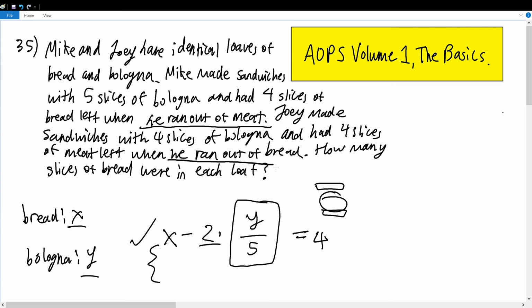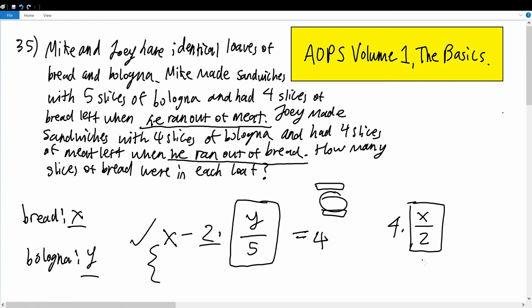Notice, he used up all his bread, so there are none left over, meaning that x divided by 2 must give a remainder of 0 because there's no bread left as given with the criteria of the question. And he said that he had 4 slices of meat left. So how much meat is being used for every 2 pieces of bread? Well, he's using 4 slices of meat per 2 slices of bread, represented by x divided by 2.